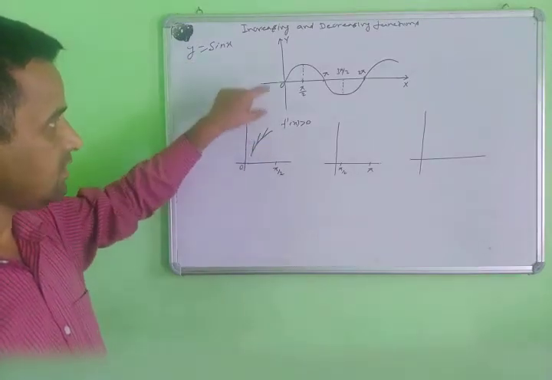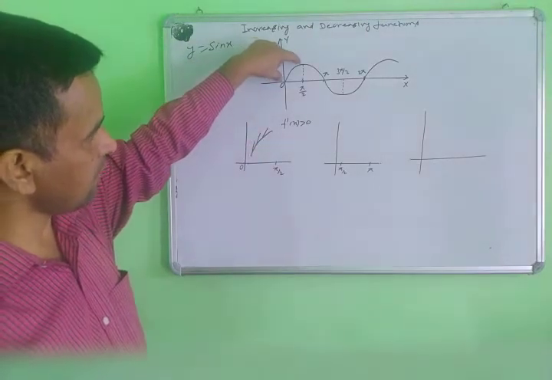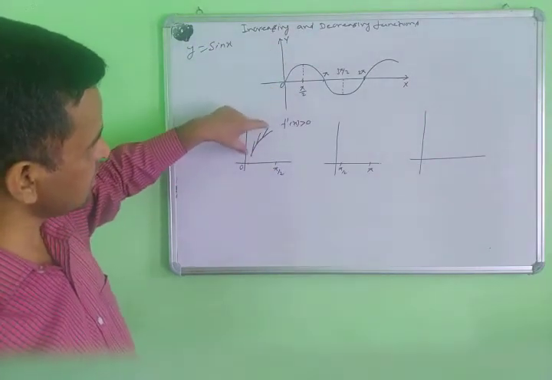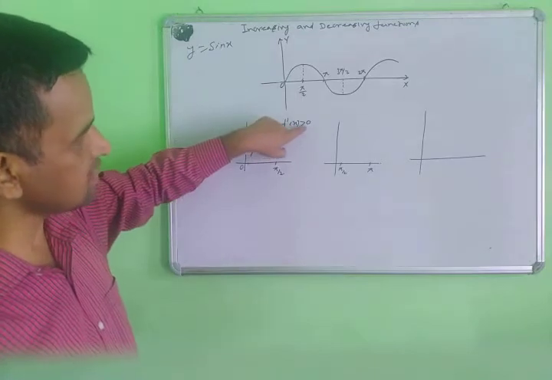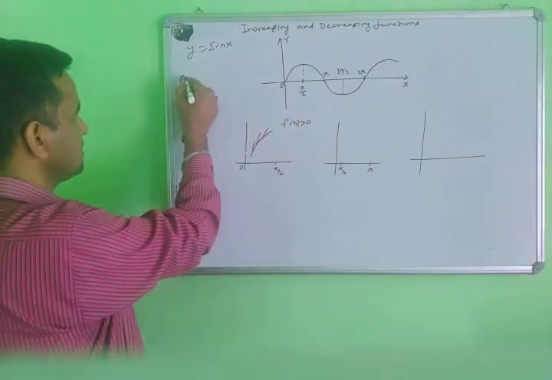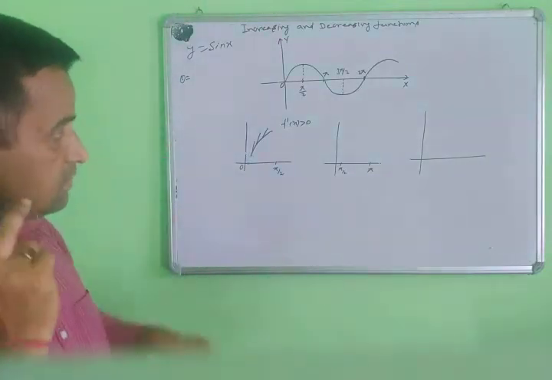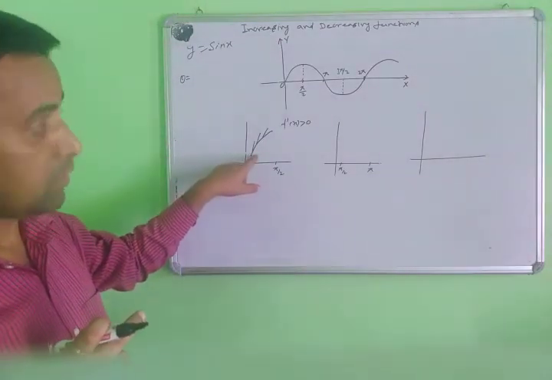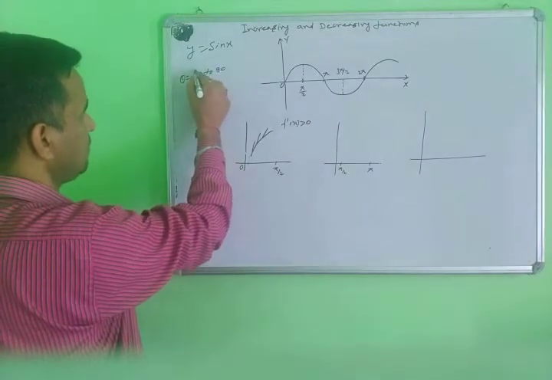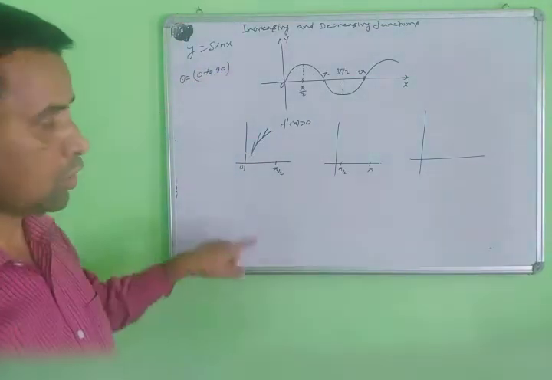For the increasing function on 0 to pi by 2, the slope of the tangent is greater than 0, because the angle theta always lies between 0 and 90, in the open interval, not 0 and not 90.